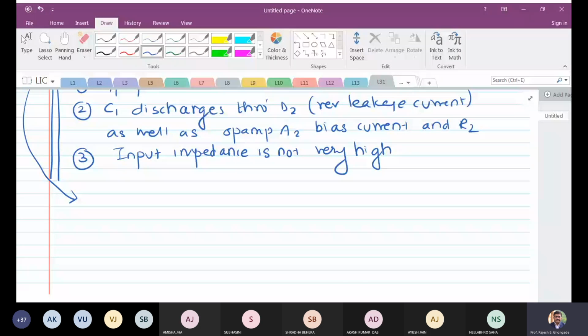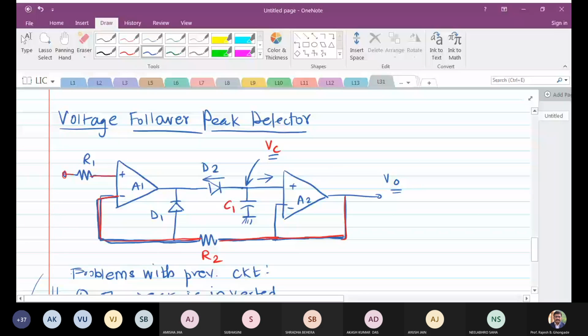VC gets charged until it is equal to VI. This is your VI. Now when VI is greater than VC, the output of A1 is positive.